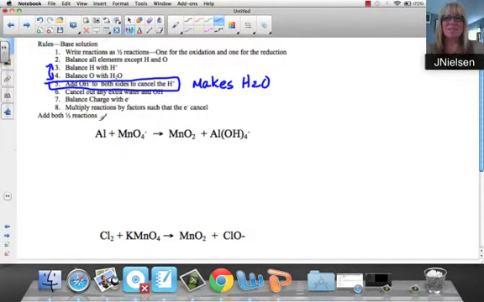Al is going to be 0. This is going to be plus 7, plus 4. This has got a negative 1 charge here. So my Al is going to be plus 3.